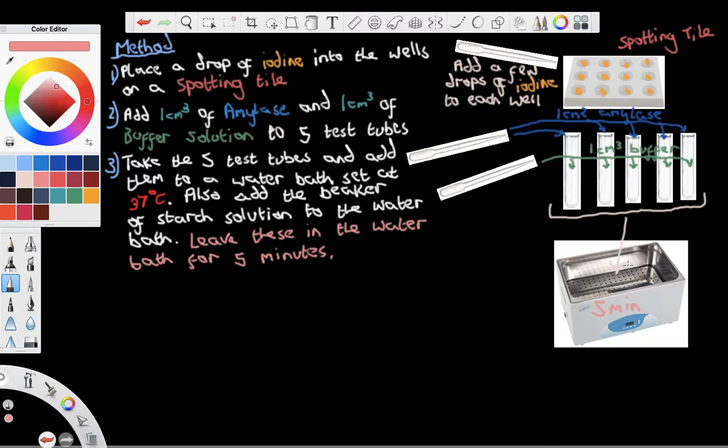Once you've left them in the water bath for 5 minutes, you're going to take one of the test tubes and you're going to add starch solution to it.